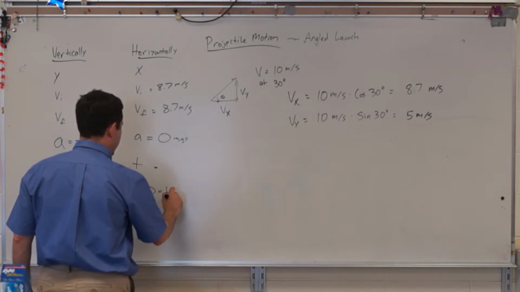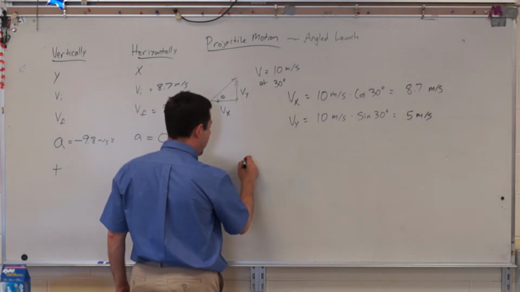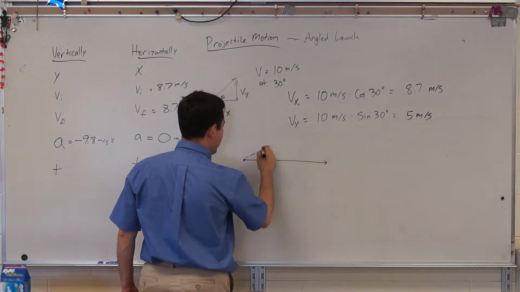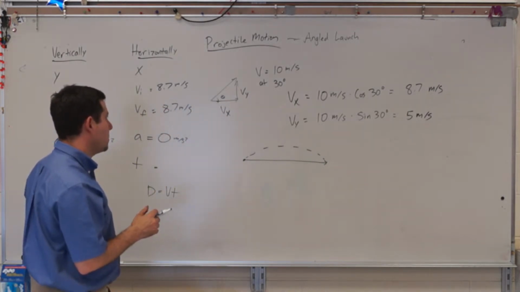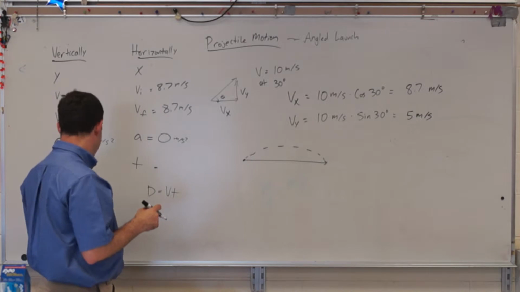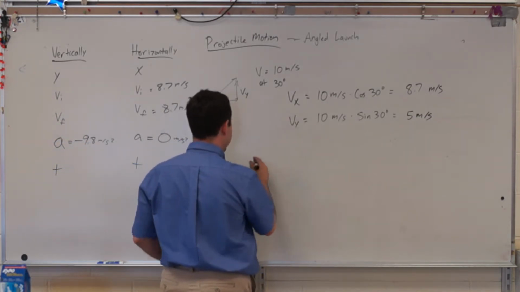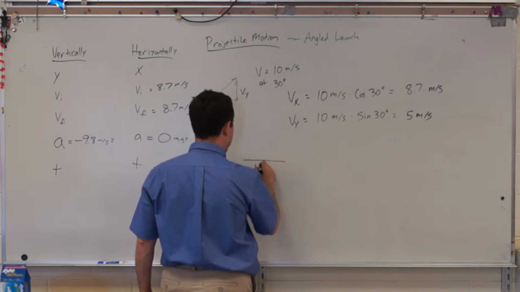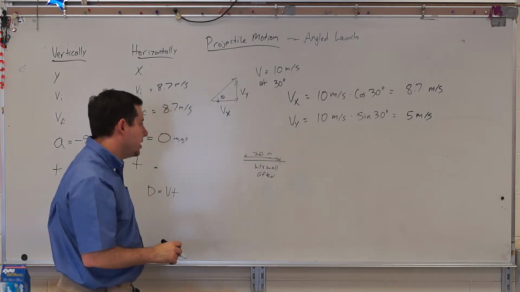Distance is velocity times time. That's it, right? Let's say that it hits a wall after it travels, say, 20 meters. How long does it take?